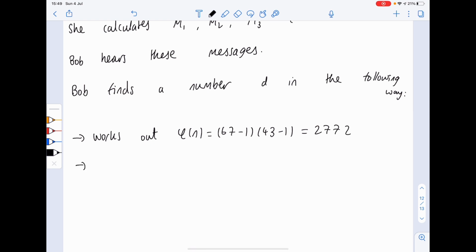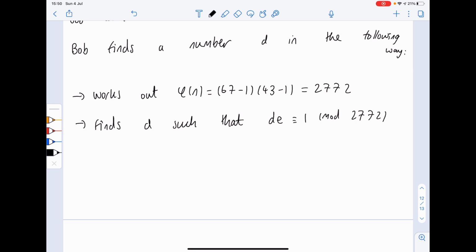And then he finds D such that D times E is congruent to 1 mod 2772. Well, we can just check that this number works. D equals 1109 works.